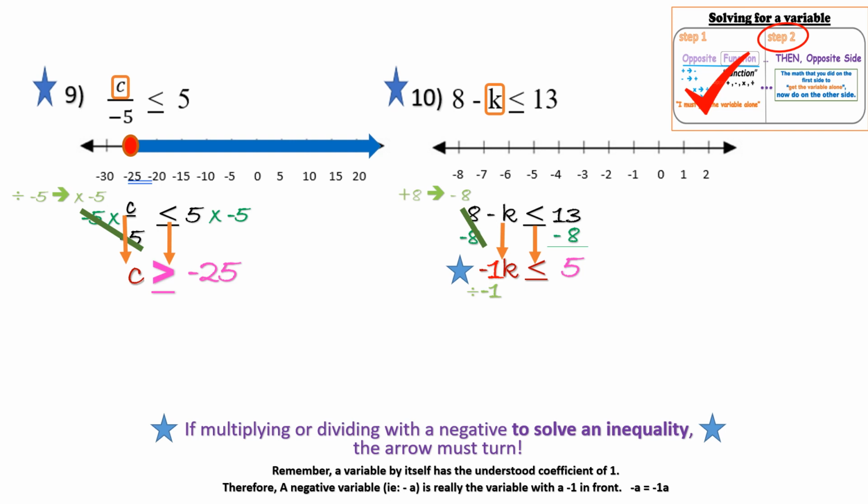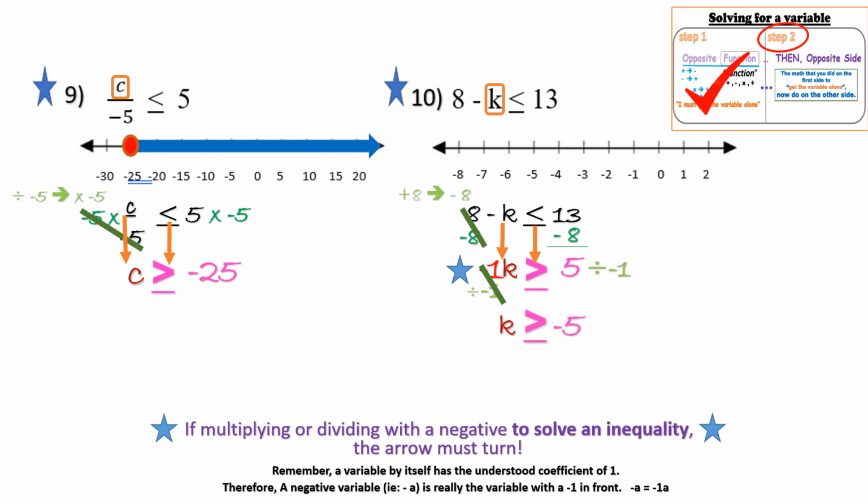So if I'm multiplying by negative 1, now I'm going to divide by negative 1, and that's going to cancel those out. And if I'm going to divide by negative 1 on the opposite side, I have to flip my arrow. It has to now point in the opposite way so that I can divide by negative 1. Well, once I get that set up, I just simply do the math.